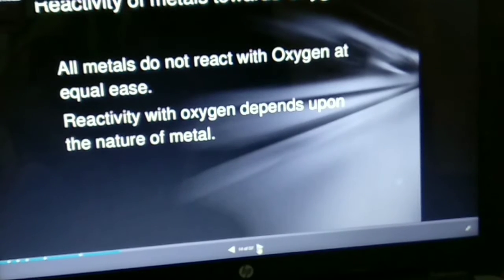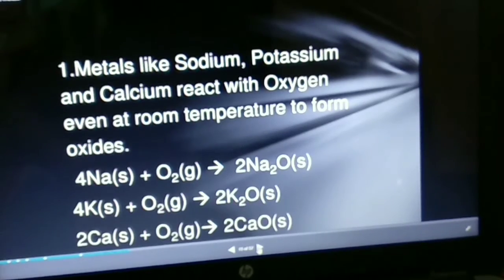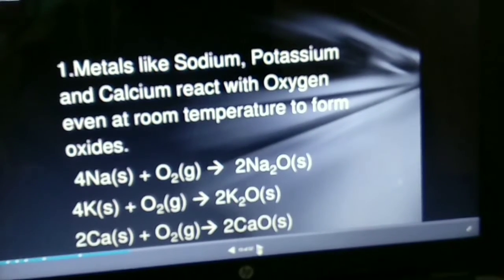Reactivity of metals towards oxygen. All metals do not react with oxygen at equal ease. Reactivity with oxygen depends upon the nature of the metal. Metals like sodium, potassium, calcium react with oxygen even at room temperature to form oxides: sodium oxide, potassium oxide, calcium oxide.